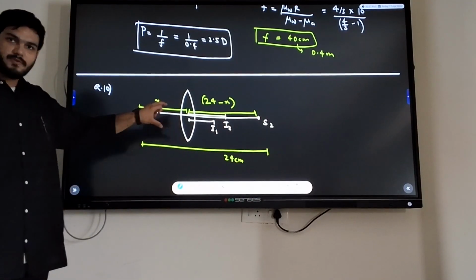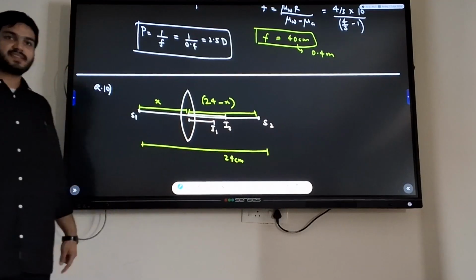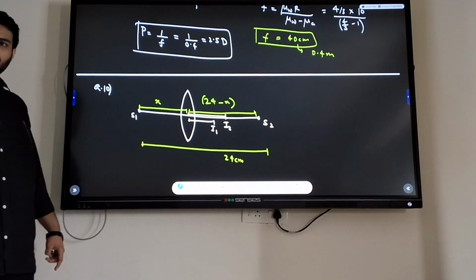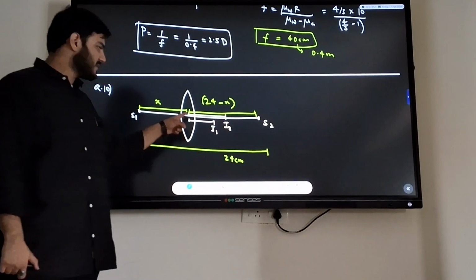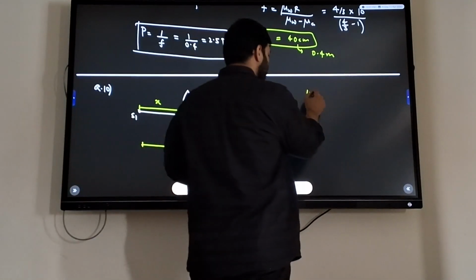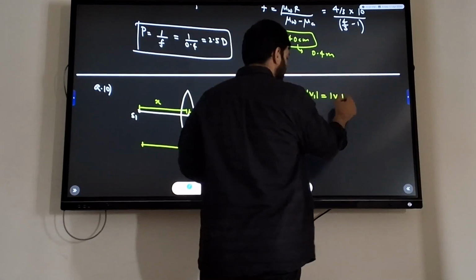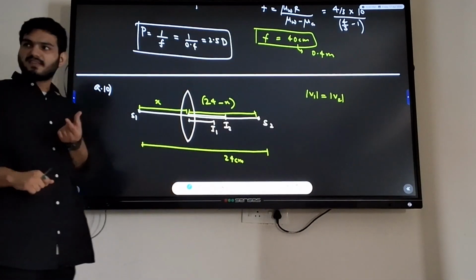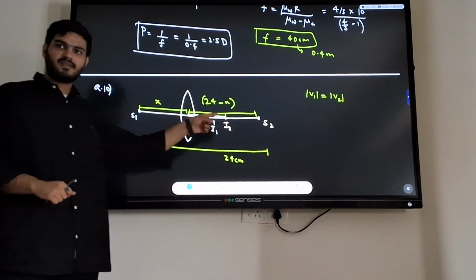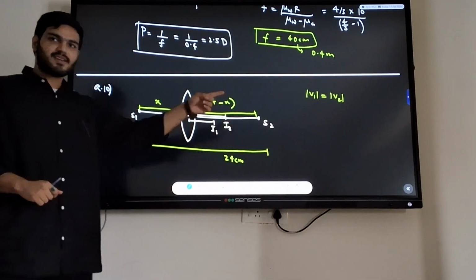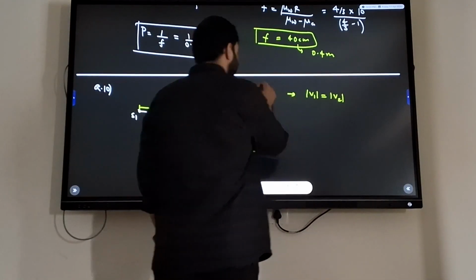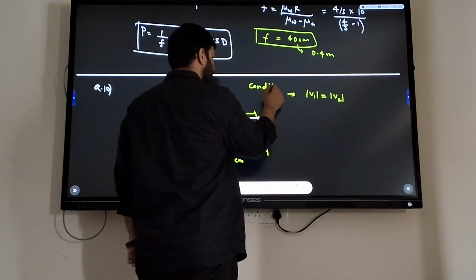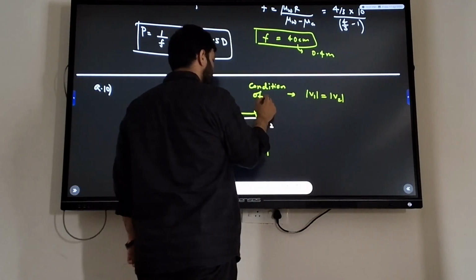But then you keep on moving such that this I1 and I2 coincide. Yes or no? This is my condition. Then what is the condition actually from the lens? That modulus of V1 is equal to modulus of V2. Does it make sense? That the image distances are going to be same from the lens? That is the meaning of coincidence, sir. Condition of image coinciding.